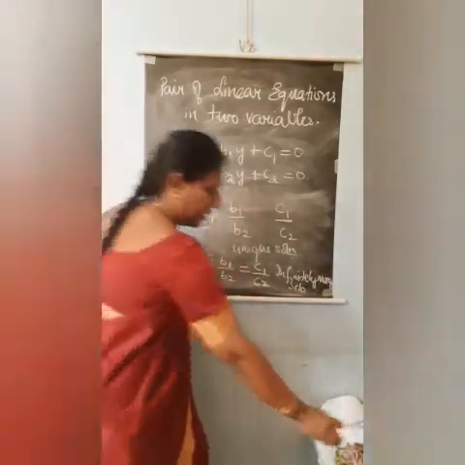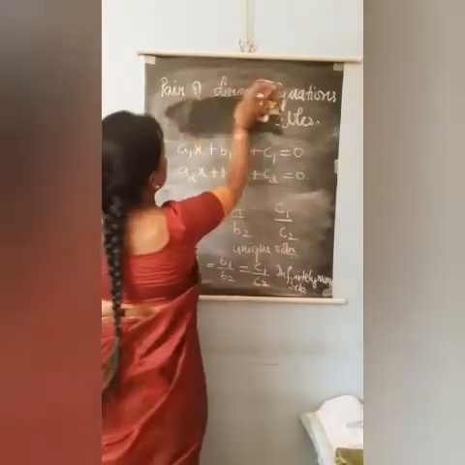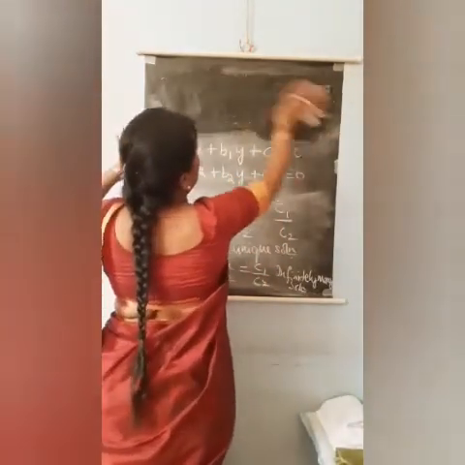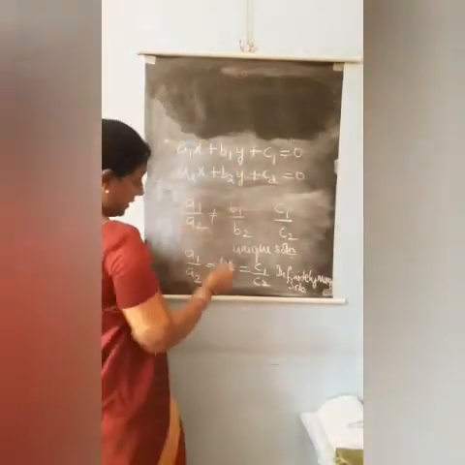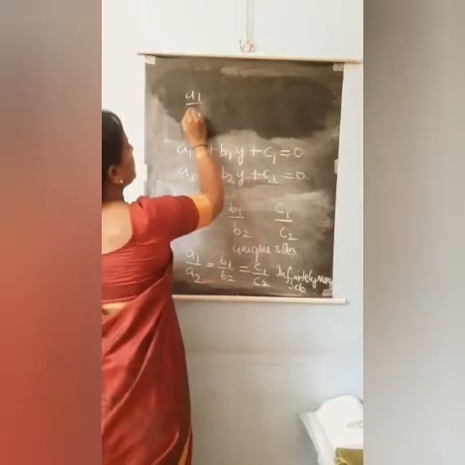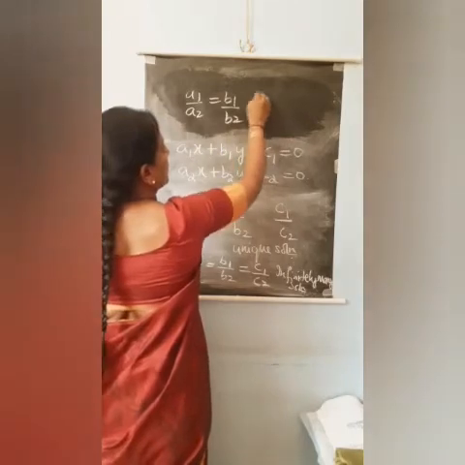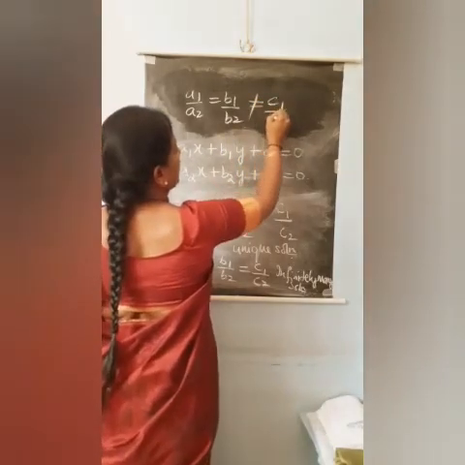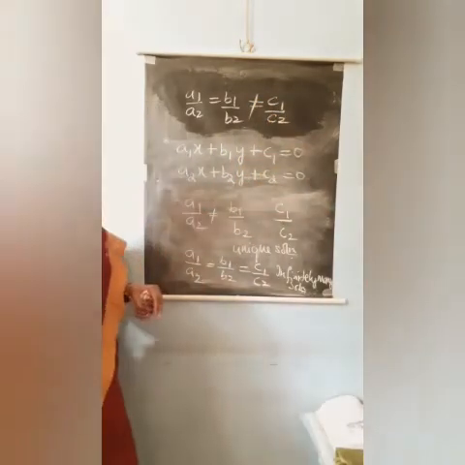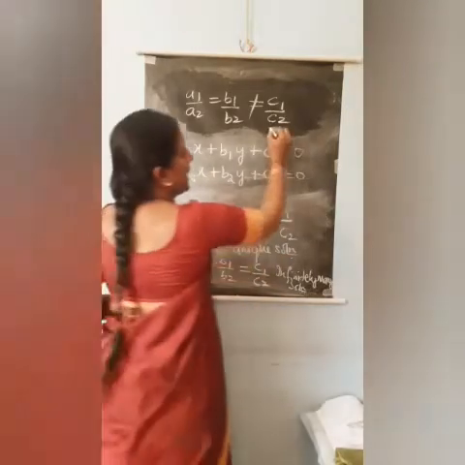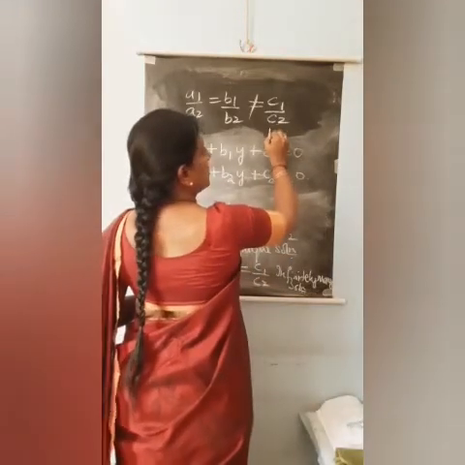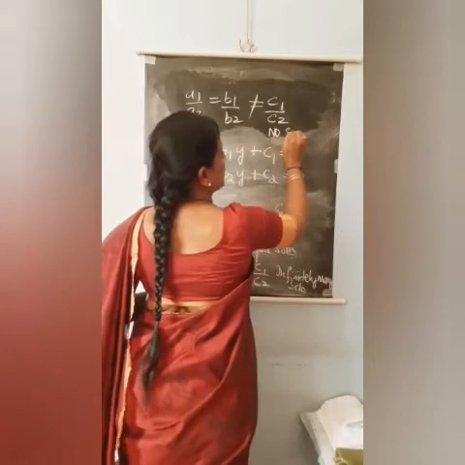Supposing we have a1 by a2 equal to b1 by b2 not equal to c1 by c2, in that case we get parallel lines and no solution is possible.